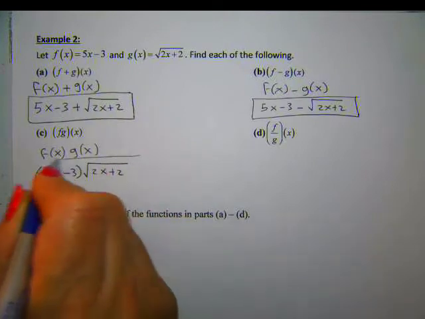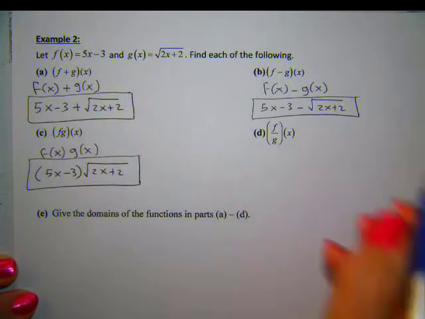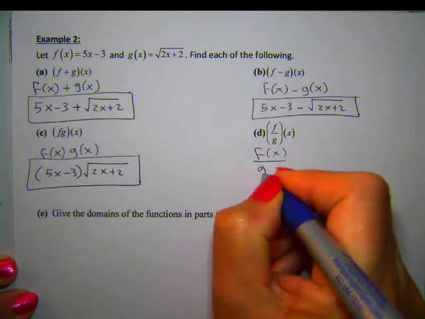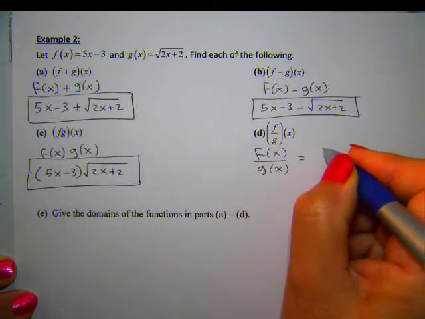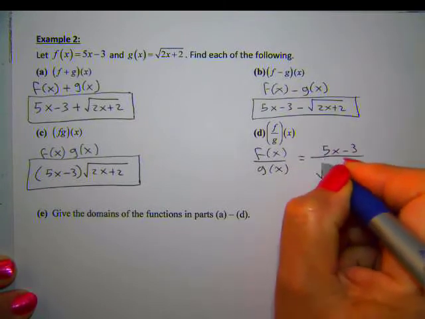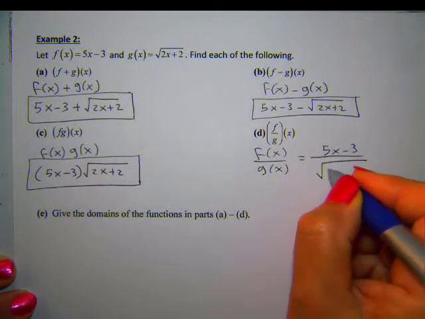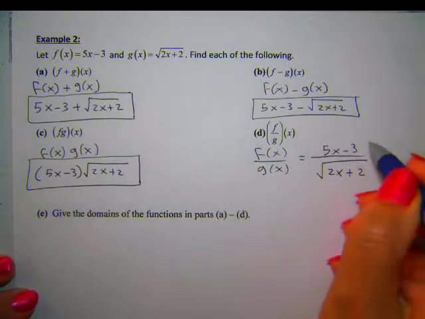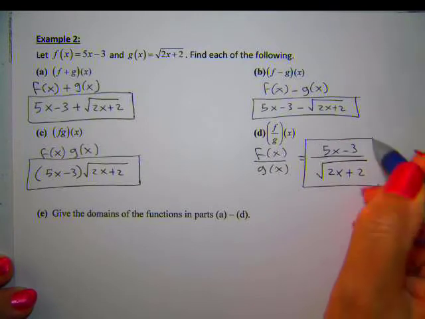But again, we cannot do anything, so that's a nice and simple example. Division: that is 5x minus 3 divided by the square root of 2x plus 2.